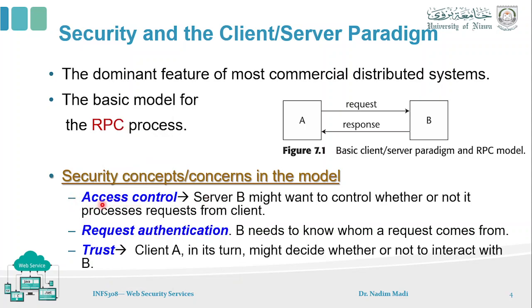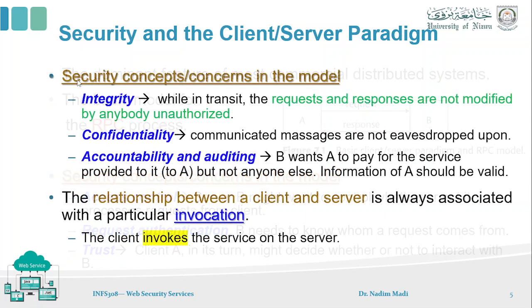For example, how can we define access control in the client server paradigm, giving an example of two entities, where A wants to send a request or invoke a specific method or service in B. So how access control is implemented, how authentication as well as trust, and also integrity, confidentiality, accountability, and so on, have been discussed.